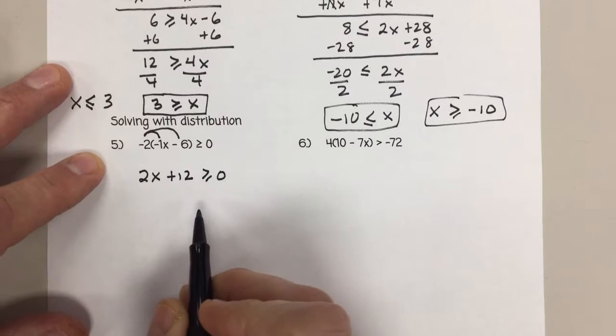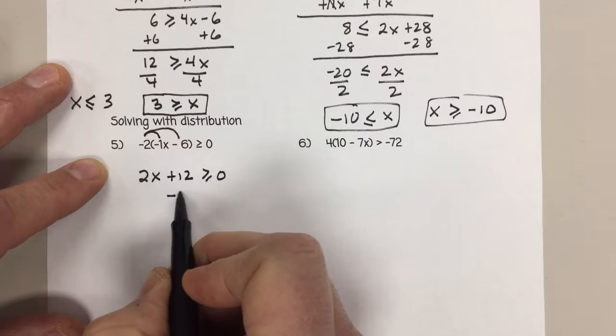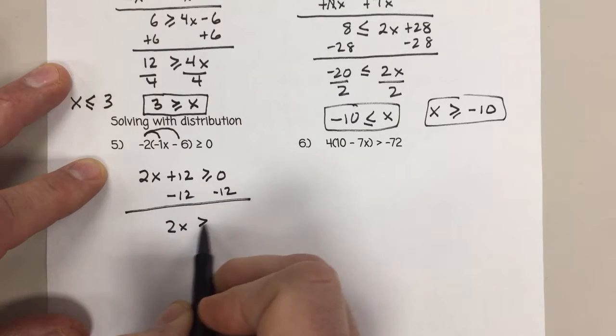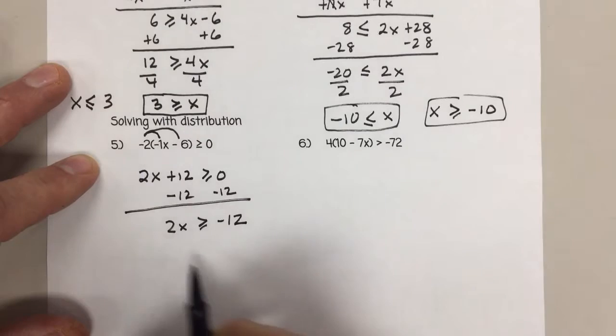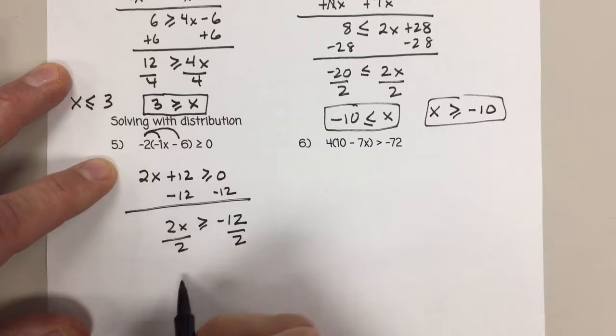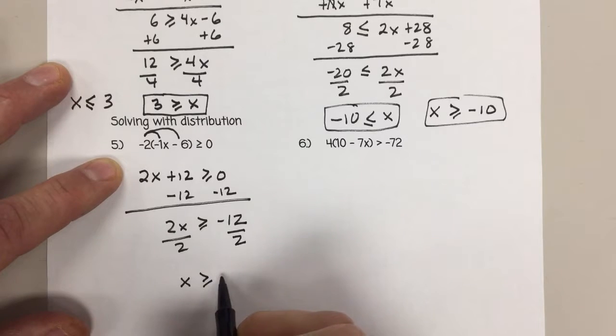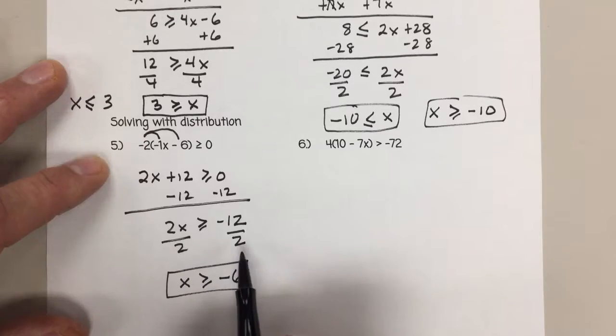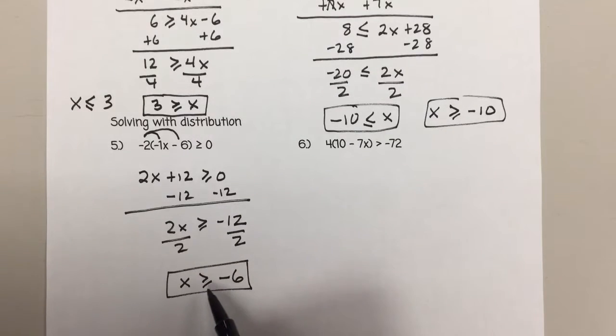Now it is a simple two-step inequality. Subtract 12 from both sides. I get 2x is greater than or equal to negative 12. Divide both sides by 2. I get x is greater than or equal to negative 6. Since I divided by a positive 2, I did not have to change the direction of the inequality.